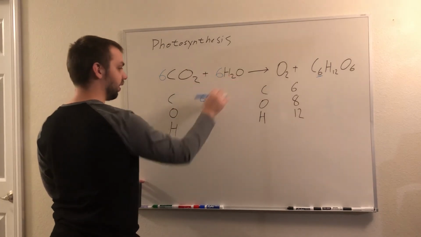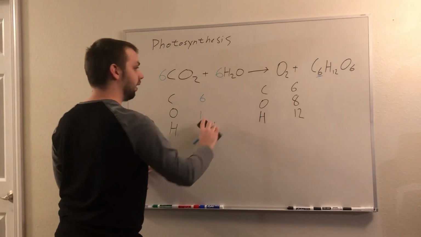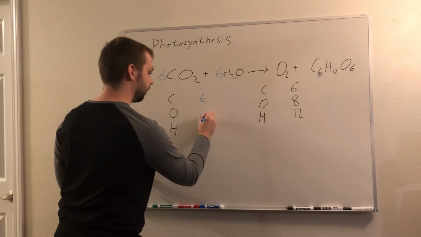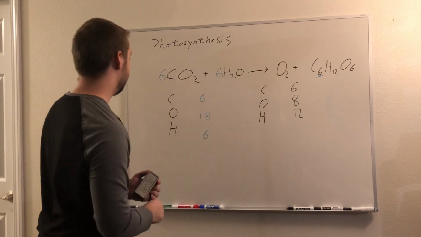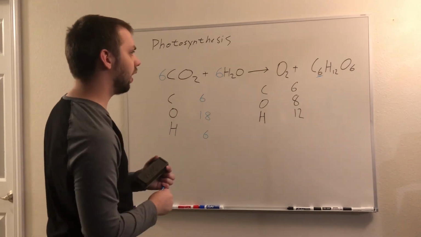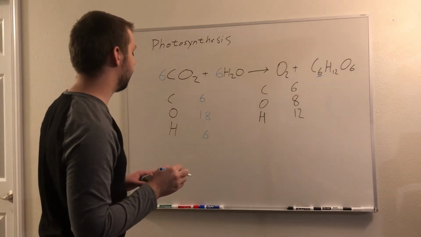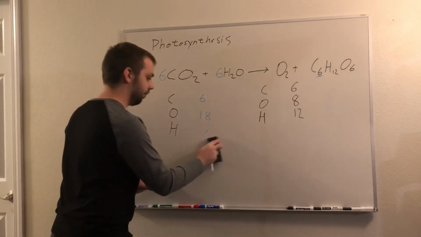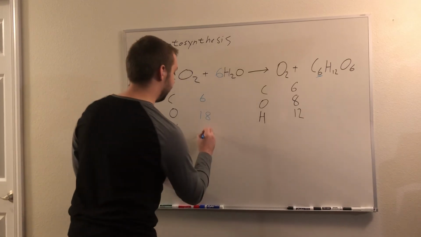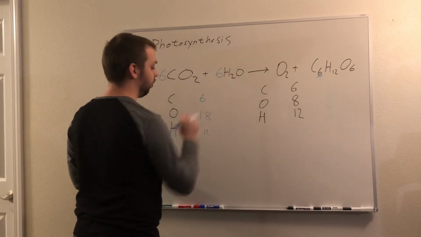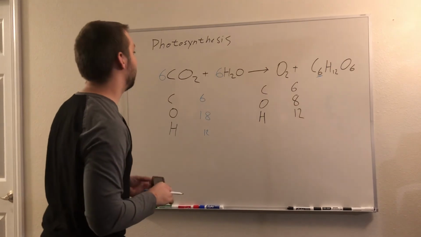So 12 plus 6, that puts it at 18. Okay. So now let's take a step back and see if we have things that are the same. Oh, I'm sorry. This should be 12 because it's 6 times 2. That's a math error on my part.